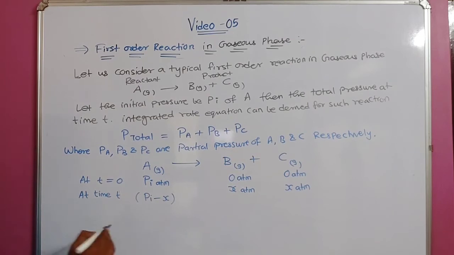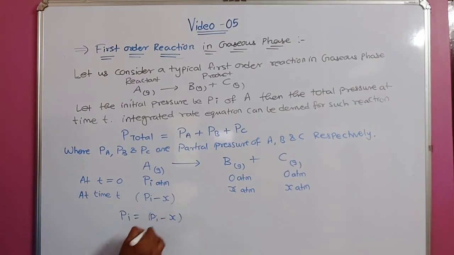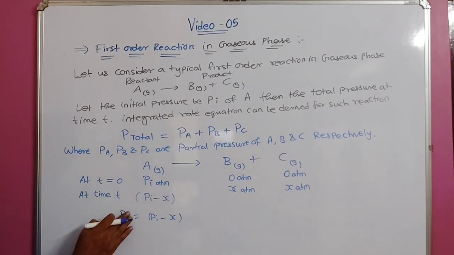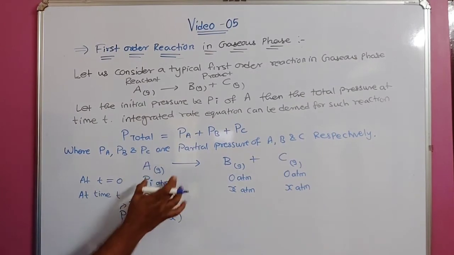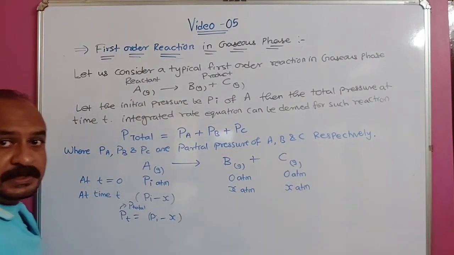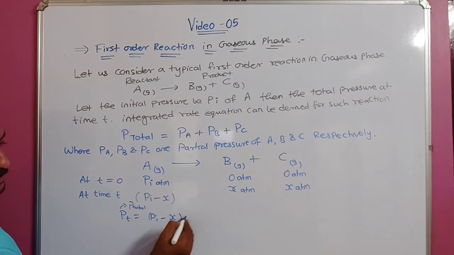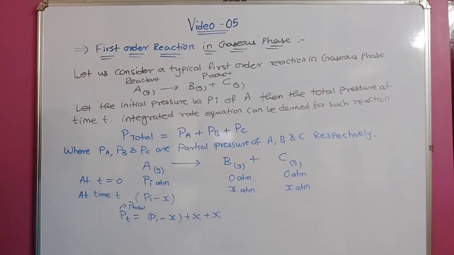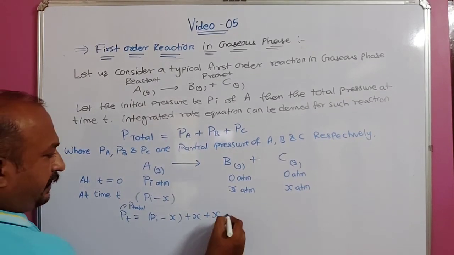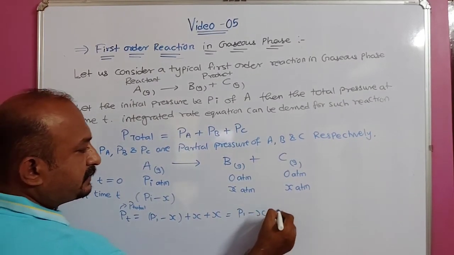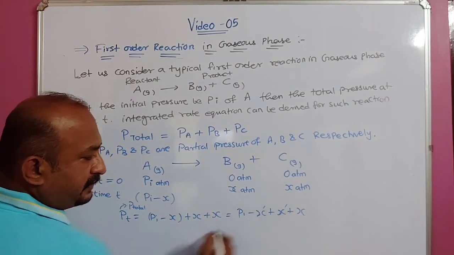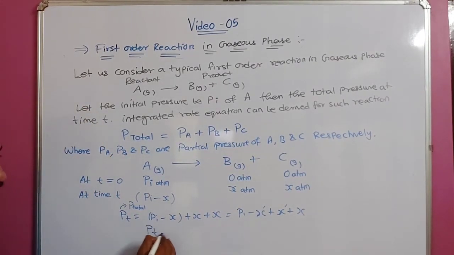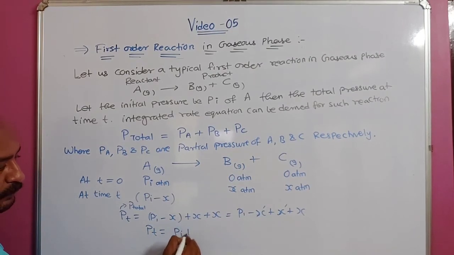I'll derive the relation. Now suppose the initial pressure is Pi, and I will take the total pressure as Pt. Pt means P total, so we sum up all these parts. Understood or not? So Pt is equal to Pi minus x plus x plus x. The minus x and plus x get cancelled, so Pt is equal to Pi plus x.